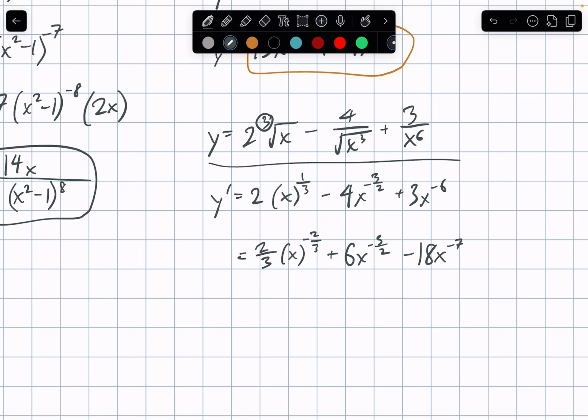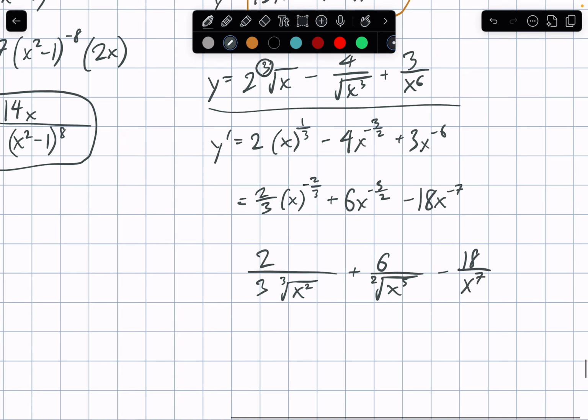We could leave our answer like this, but if we want to remove the negative exponents, the negative sign basically, what we'd want to do is this. So reciprocate basically. 6 over x raised to 5/2, and then minus 18 over x raised to 7.